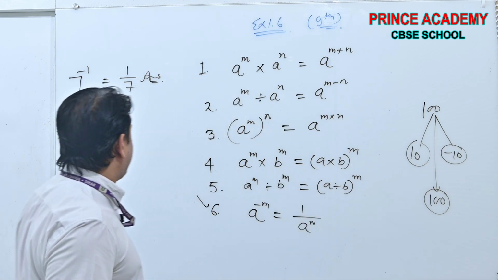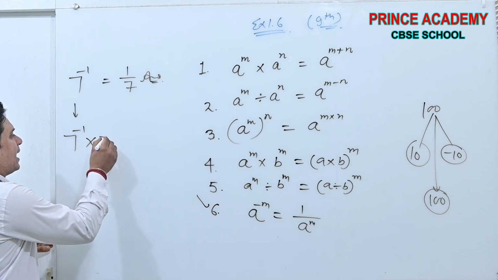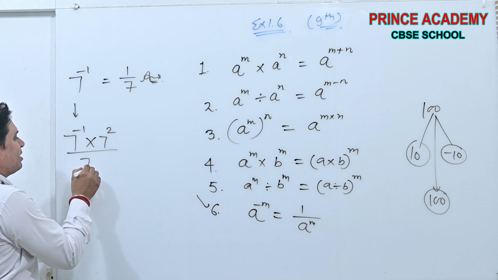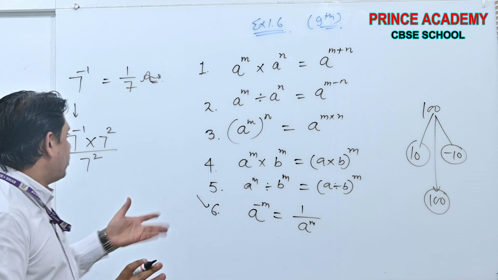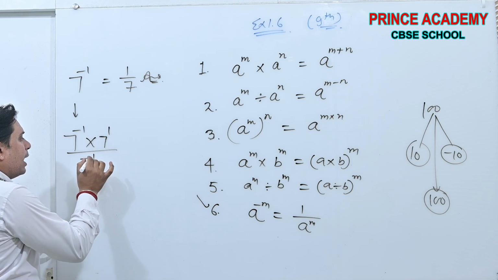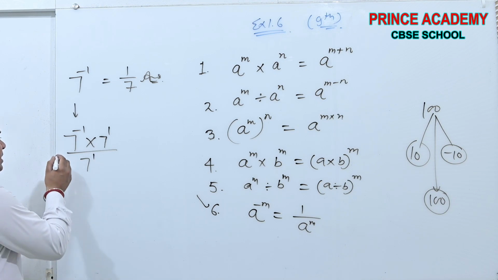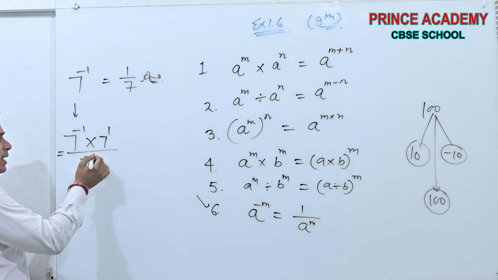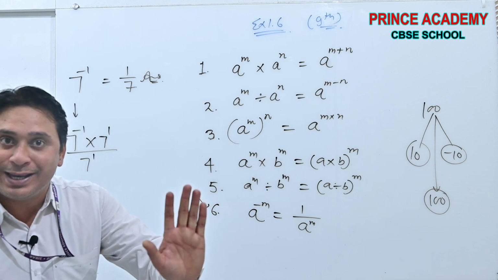In the same way, 7 raised to power minus 1. Can I write 7 raised to power 2 by 7 raised to power 2? Yes or no? Or you want to say 7 raised to power 1 by 7 raised to power 1? I multiplied the expression with 7 and divided it with 7, which means the remaining part is the same. Actual value is as it is.